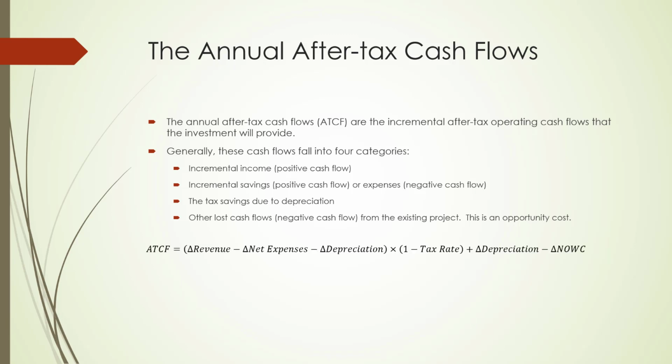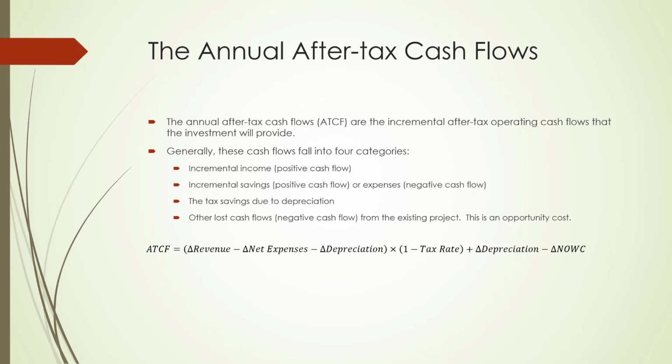Here again is our formula. Essentially, think about this kind of like an income statement. We'll see in just a second a way to lay this out like an income statement. But it's not really an income statement because remember, this is only operating cash flows. So we have the change in revenue minus the change in expenses, minus the change in depreciation.